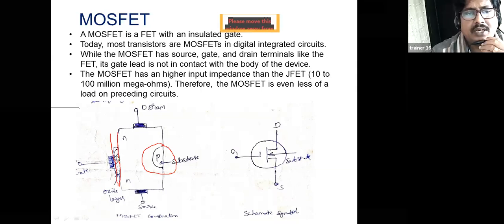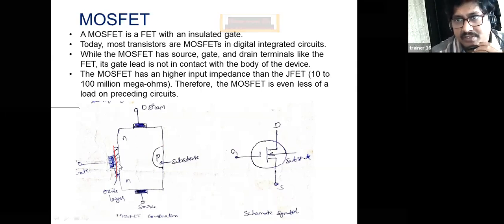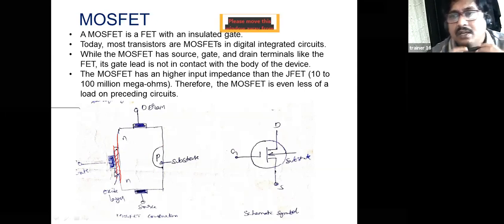This is the oxide layer, silicon dioxide, deposited on the N channel plate, and the gate plate is mounted on the oxide layer. So these are the two plates, and in between is the oxide layer, silicon dioxide.